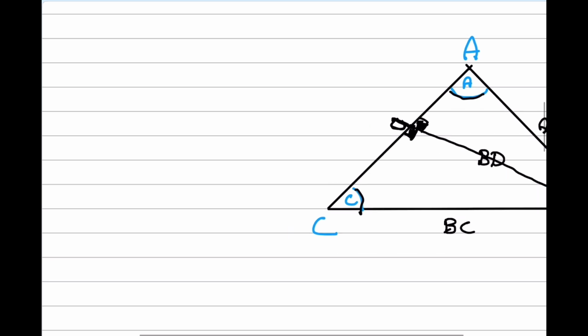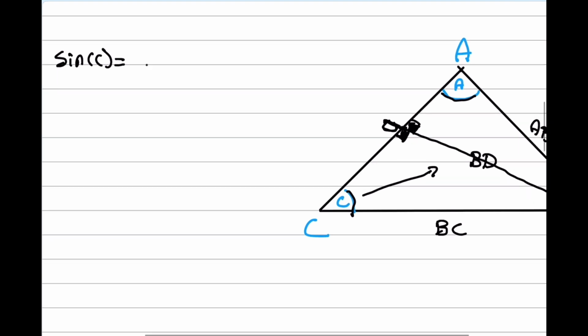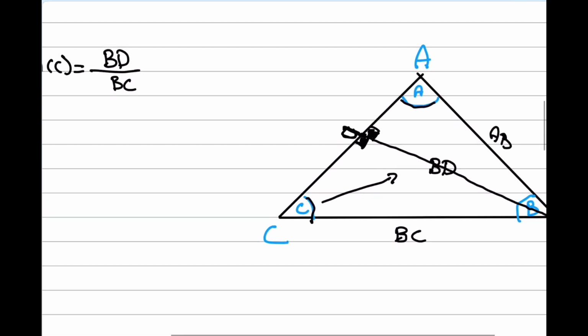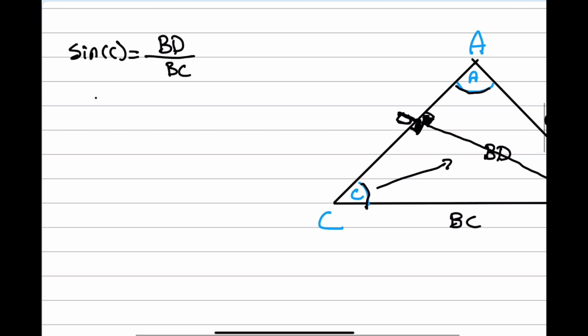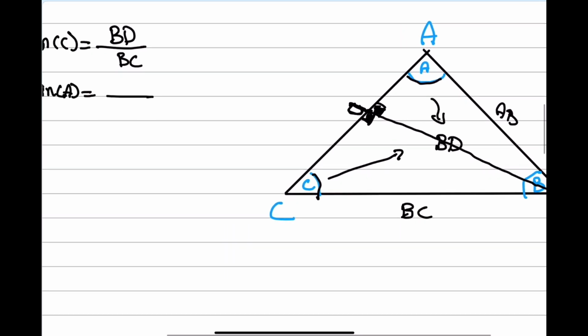We are going to do the same thing. Sine C is equal to the opposite side, which is BD, divided by the hypotenuse BC. And the same thing with angle A: sine of angle A is equal to the opposite side BD divided by AB.